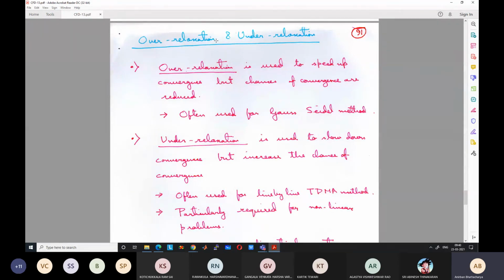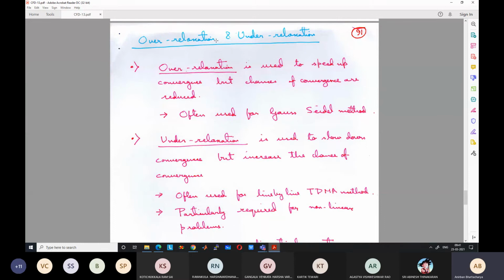Now, in general, we do not use the over relaxation factor much, because this may lead to divergence. But in almost all cases, we use an under relaxation factor to slow down the convergence. Why is this required?